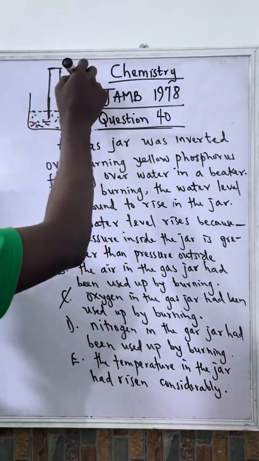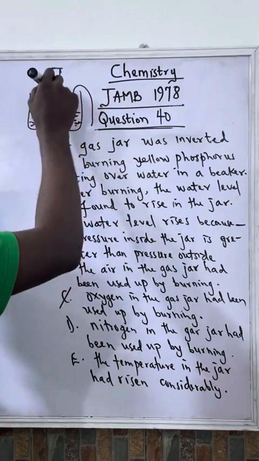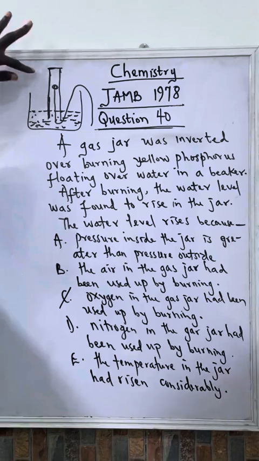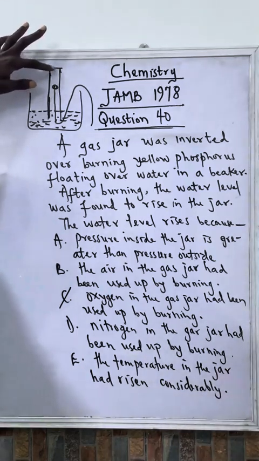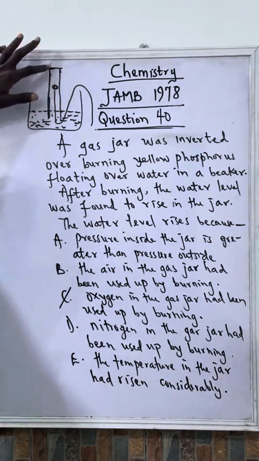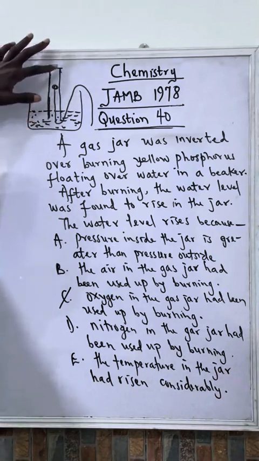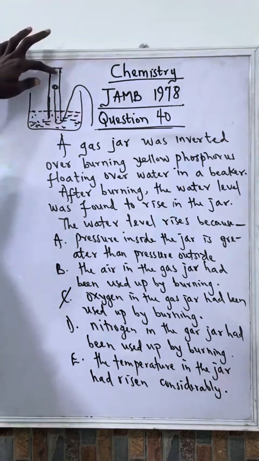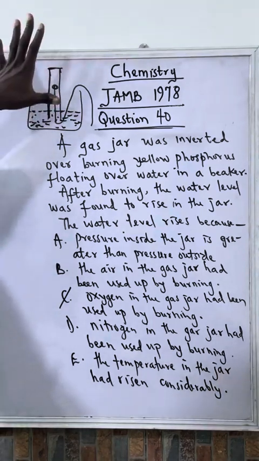Then we pass phosphorus inside it, by means of a copper wire. Before anything starts happening, you can see that there is some space above the water inside the gas jar. This space is air.